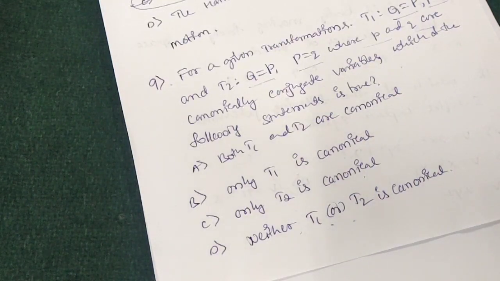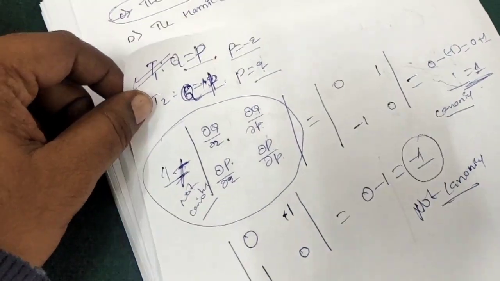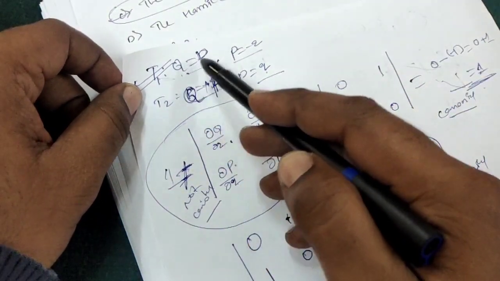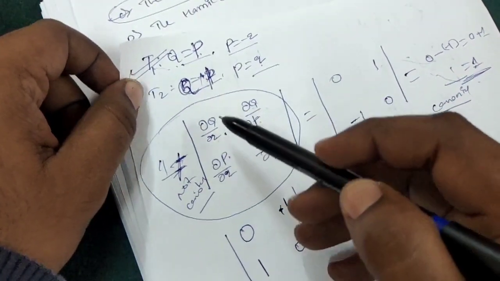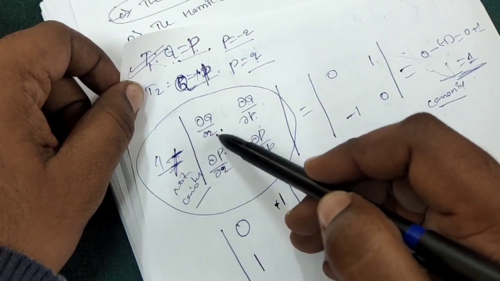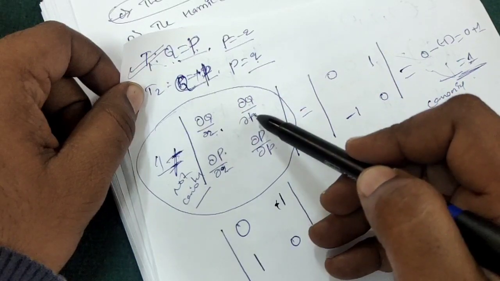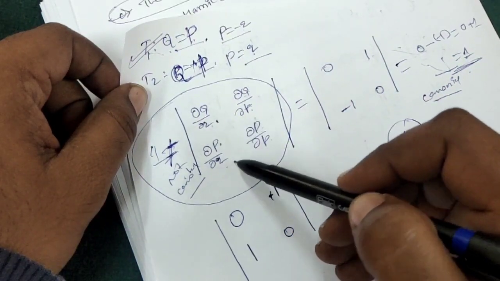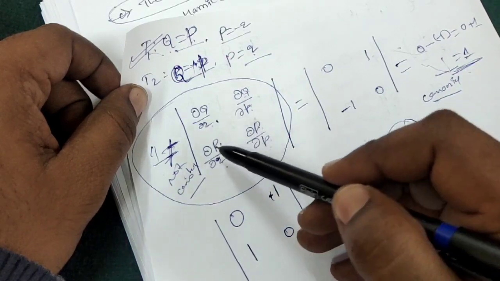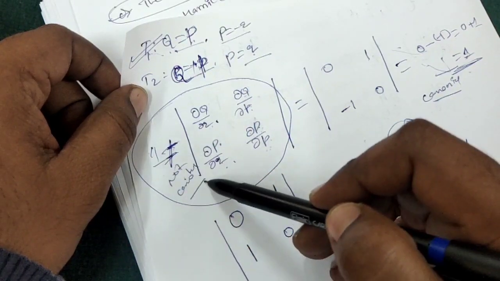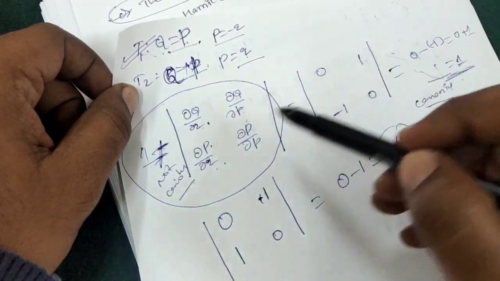Let's verify this. For the relation, if the Jacobian determinant is not equal to 1, then it is not canonical. If it is equal to 1, it is canonical.